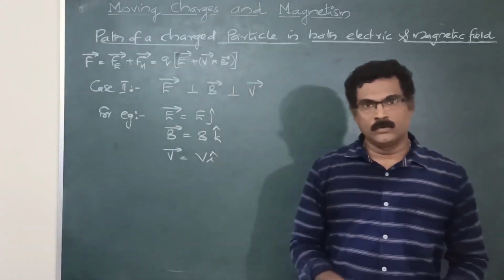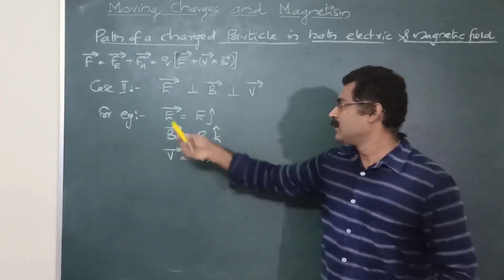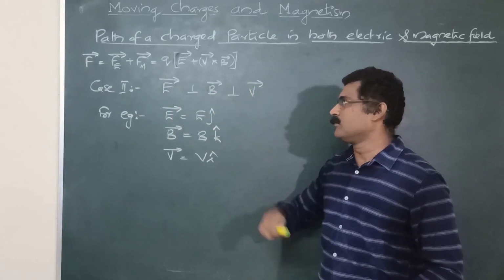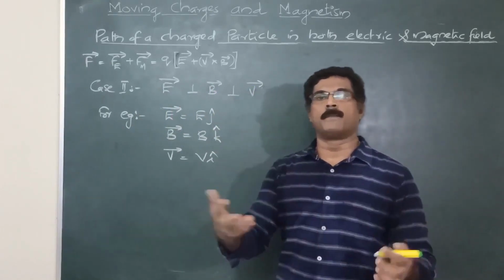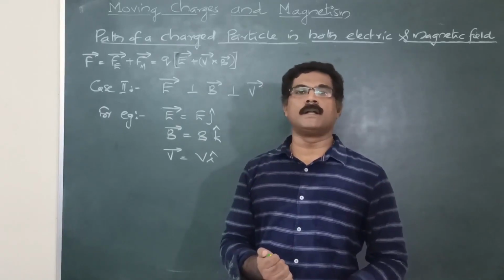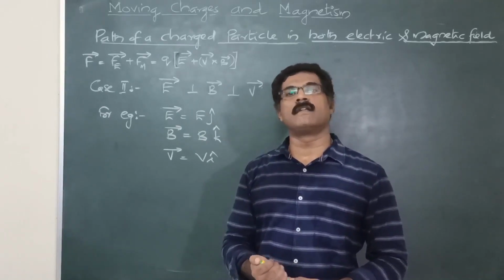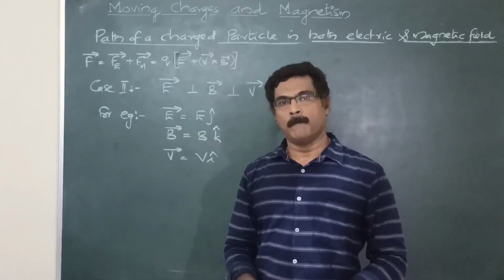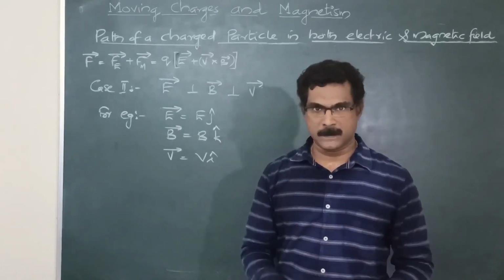Okay, now the second case: electric field, magnetic field and velocity vector, all the three are mutually perpendicular to each other. Or you can say that when the charged particle is moving through crossed electric and magnetic fields, or transverse electric and magnetic fields, what happens?